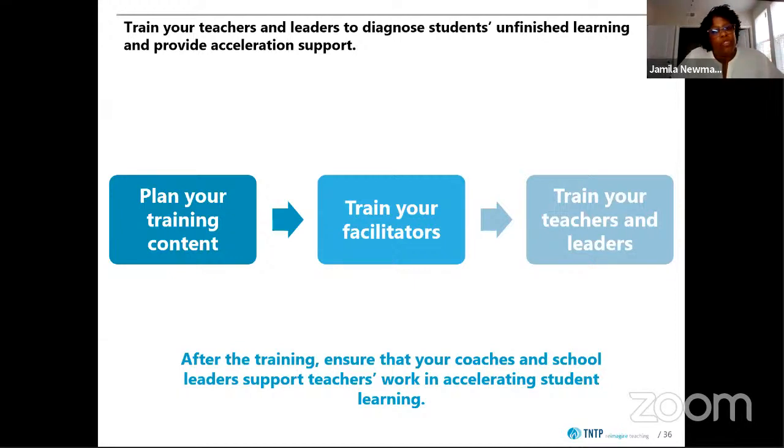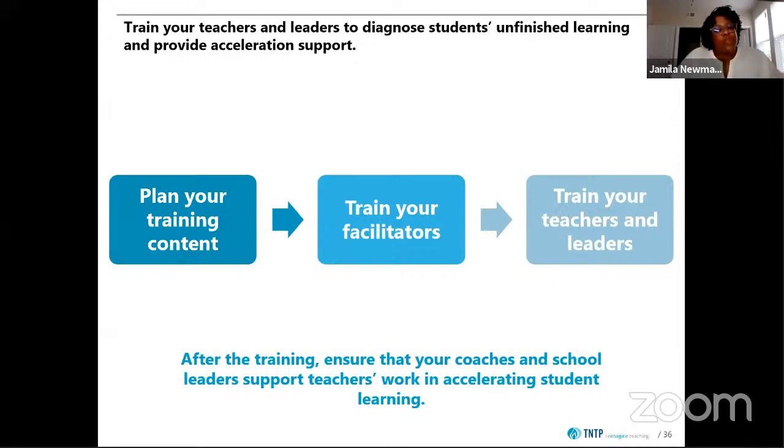And knowing that this approach might be brand new to folks, it's important that you really share the rationale and background behind this and what it can look like in real time. We've given you a few high-level examples of what this can look like, as well as some training scope and sequence that you might want to deliver to your teachers.